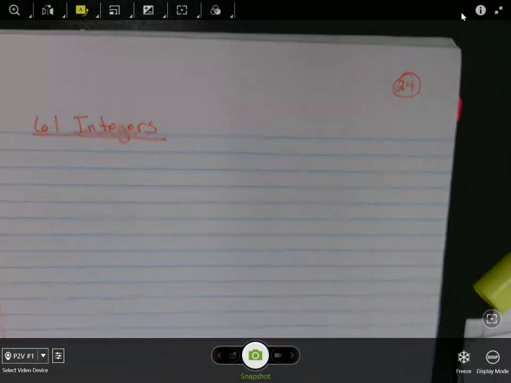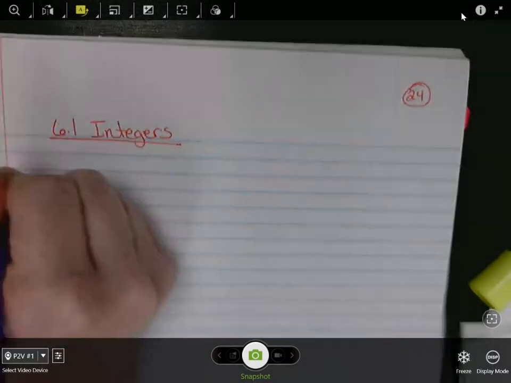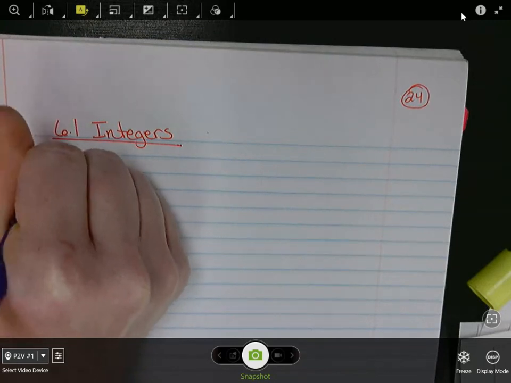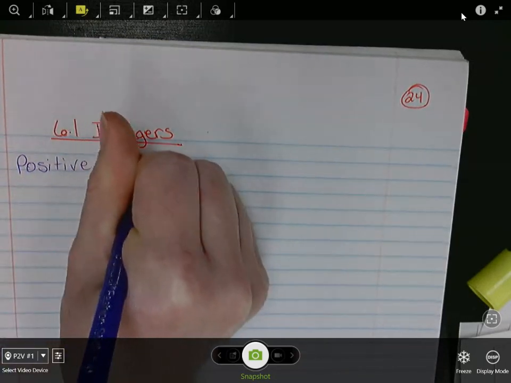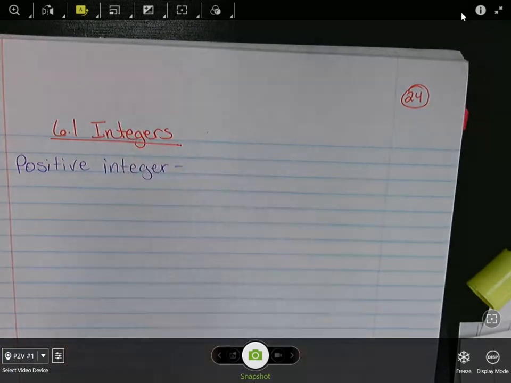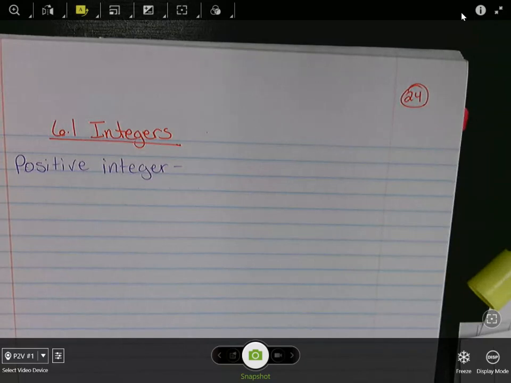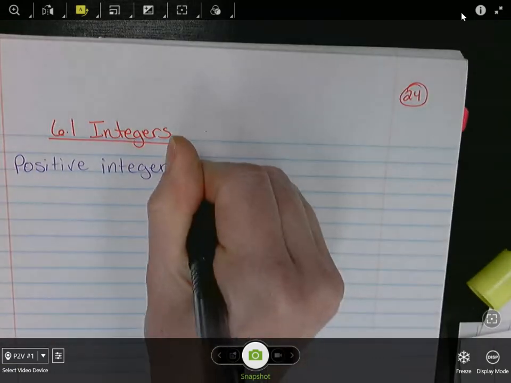Okay. All right, so first we're going to discuss what a positive integer is. A positive integer is an integer that's greater than 0.